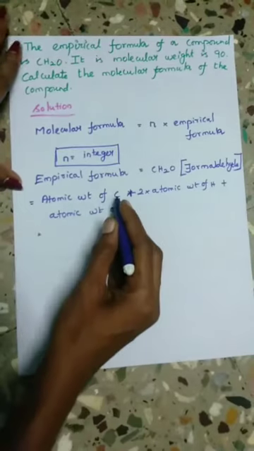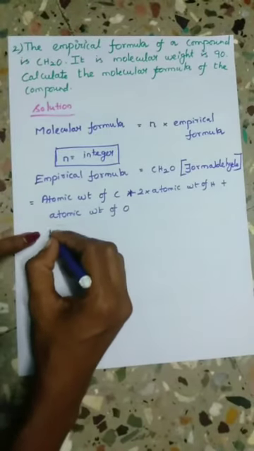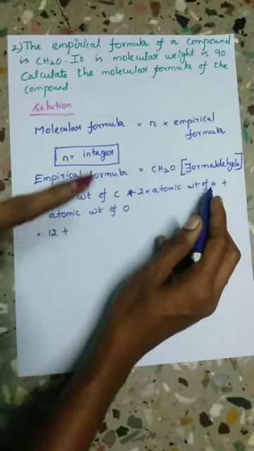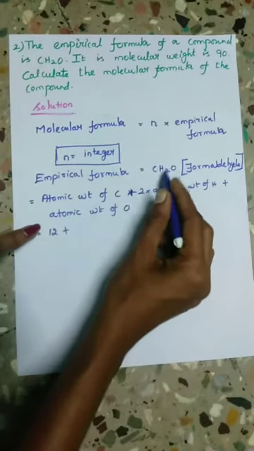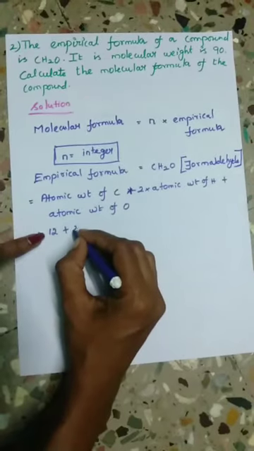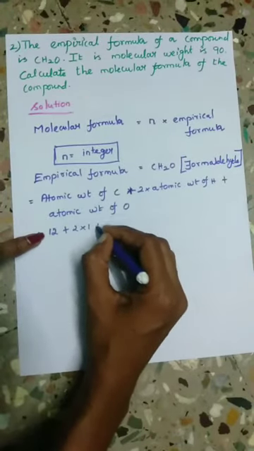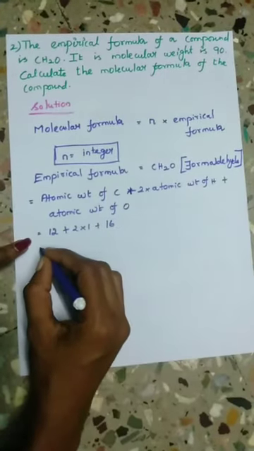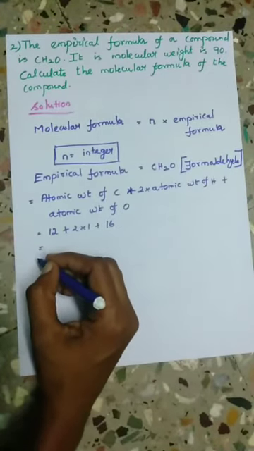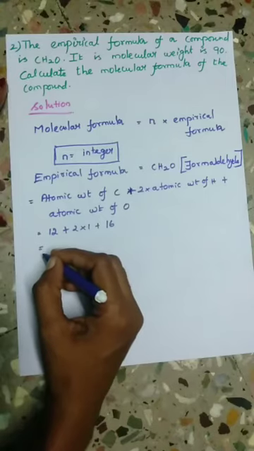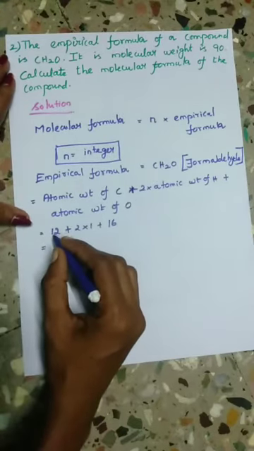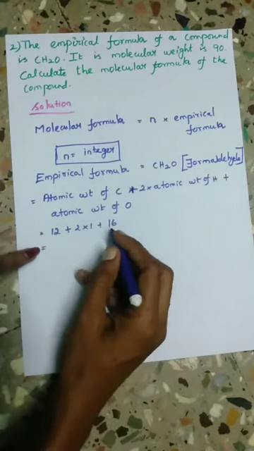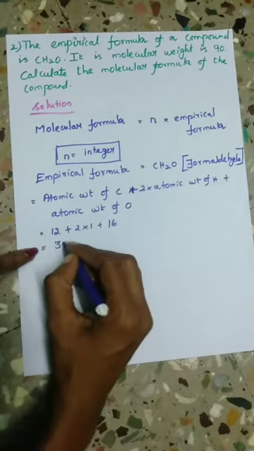The atomic weight of carbon is 12, plus the atomic weight of hydrogen is 1, and here there are 2 hydrogens, so 2 multiplied by 1, plus the atomic weight of oxygen, that is 16. So 12 plus 2 is 14, 14 plus 16 is 30.